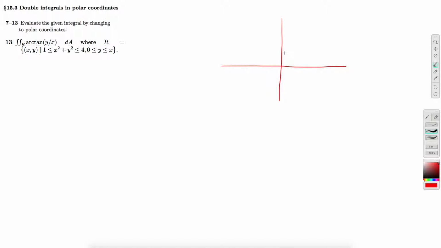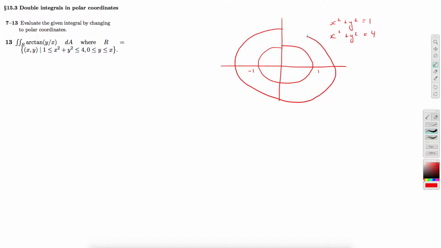So I know that x squared plus y squared is just a circle. And it's actually two circles. So we know that x squared plus y squared equals 1 is just a circle that intersects at 1 and negative 1. And we know that x squared plus y squared equals 4 is a bigger circle that goes from 2 to negative 2.